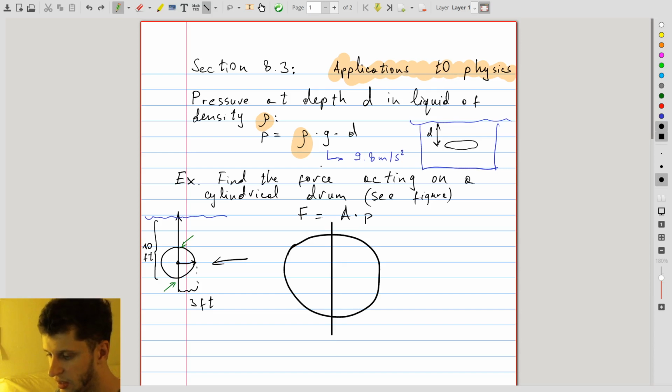I want to exploit the symmetry of the drum, so I will place the origin at the center of this disk, of the side surface of the drum. This is my y-axis, and this is the origin on the y-axis.